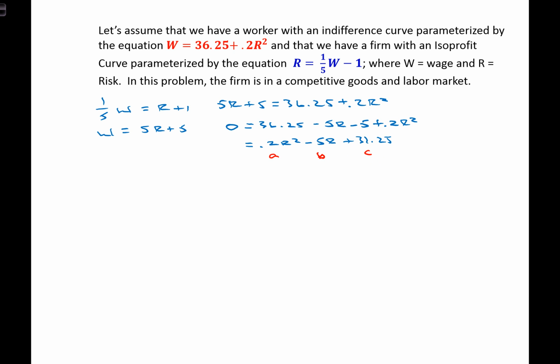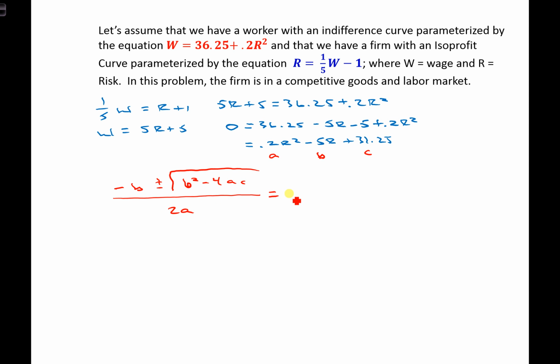So I've gone ahead and set that up for myself, and I can now go ahead and put this into the quadratic form. Recall that the quadratic equation that allows us to solve for a variable is going to be minus b plus or minus the square root of b squared minus 4 times A times C, all divided by 2A.